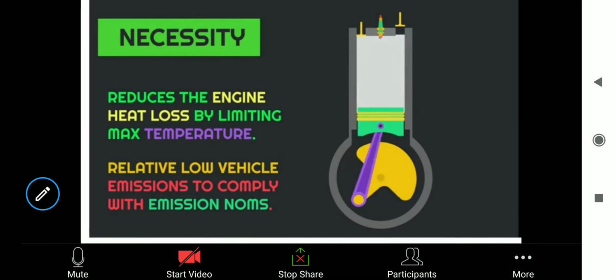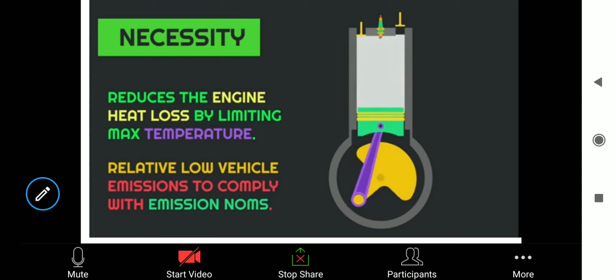So the gases which are exhausted from the engine, the major gas is carbon dioxide. So what does the carbon dioxide do? For burning, for putting in fire, obviously oxygen is required. Without oxygen you cannot burn anything.